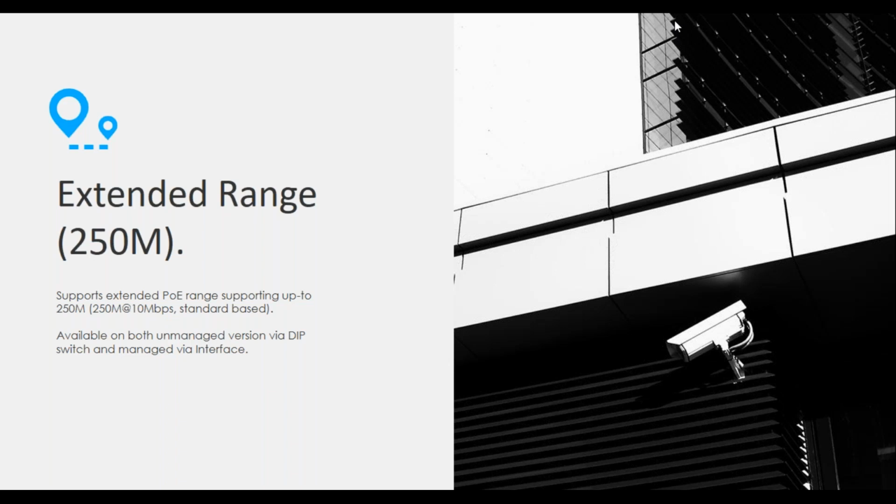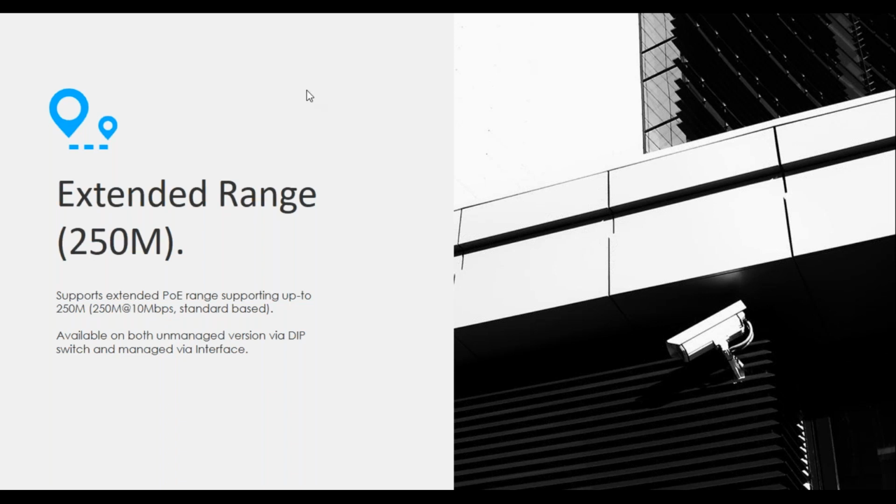So 10 Mbit is pretty much enough for 99% of the current cameras. Of course, probably not if you're running ultra HD cameras with not that good compression, then it might be a little difficult. But again, pretty much all of the cameras in the market right now would be fine with this 10 Mbit. So extended range is one feature which is different.